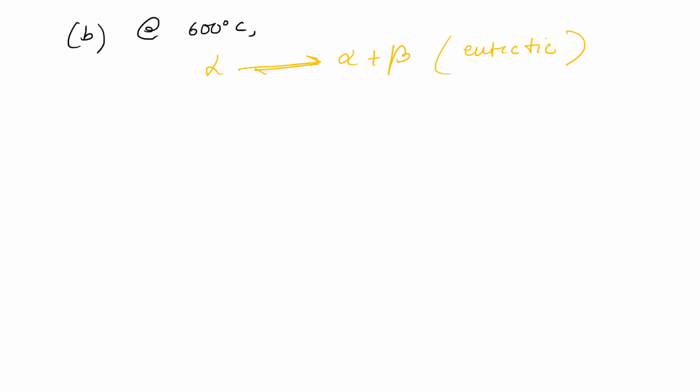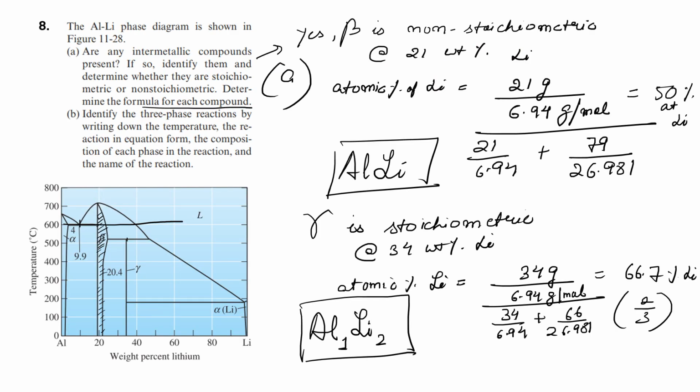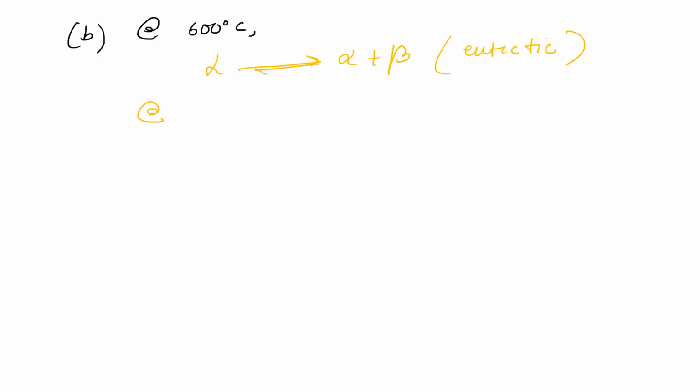The compositions again can be worked out by just taking the intersections with solidus and liquidus. And just close to 500 degrees centigrade, we have a peritectic point wherein we have beta plus liquid transforming to gamma.